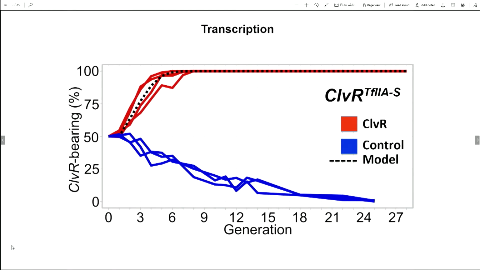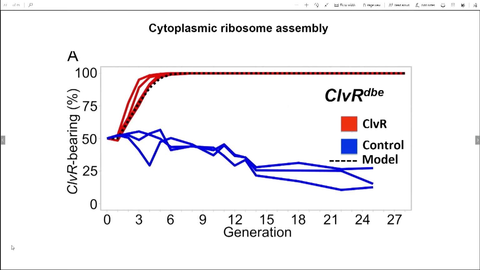Now, we've also done this with two other genes. This is a gene involved in nuclear transcription, TF2A something, and this is a gene called dribble, which has something to do with cytoplasmic ribosome biogenesis. And the important point I want to emphasize here is that we didn't read a single paper on these genes.